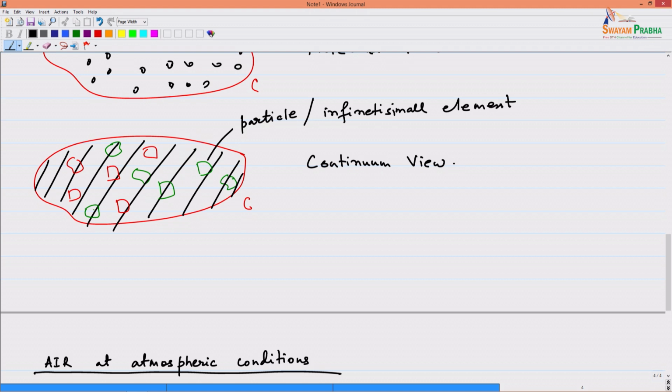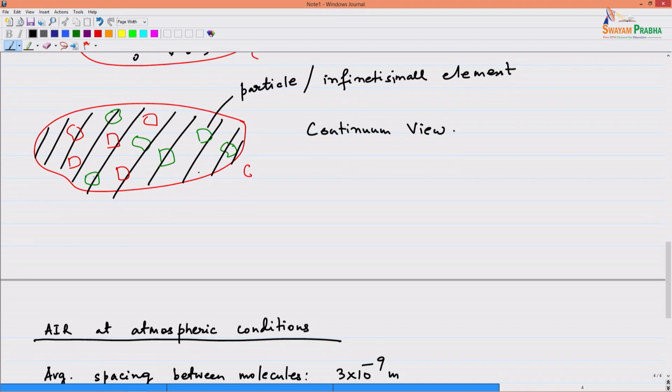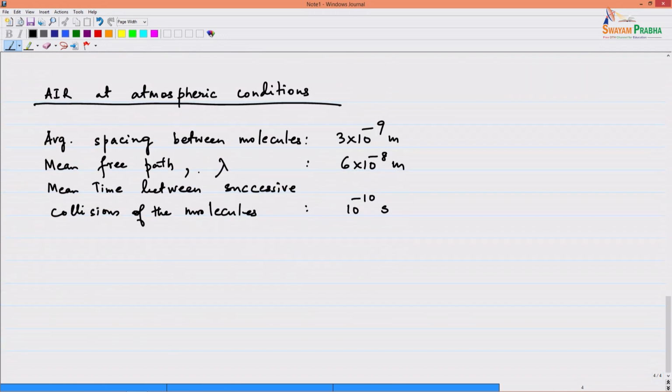Then it will not have the average density value that you're talking about here. So geometrically, I still have to define the smallest value of this volume that I can get to. So what is the smallest geometric length scale that we can actually endure? That's what we're talking about here.